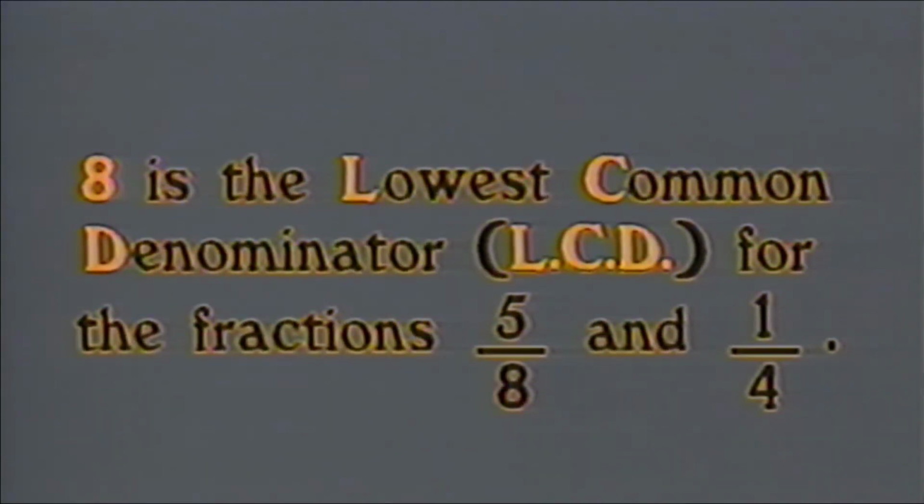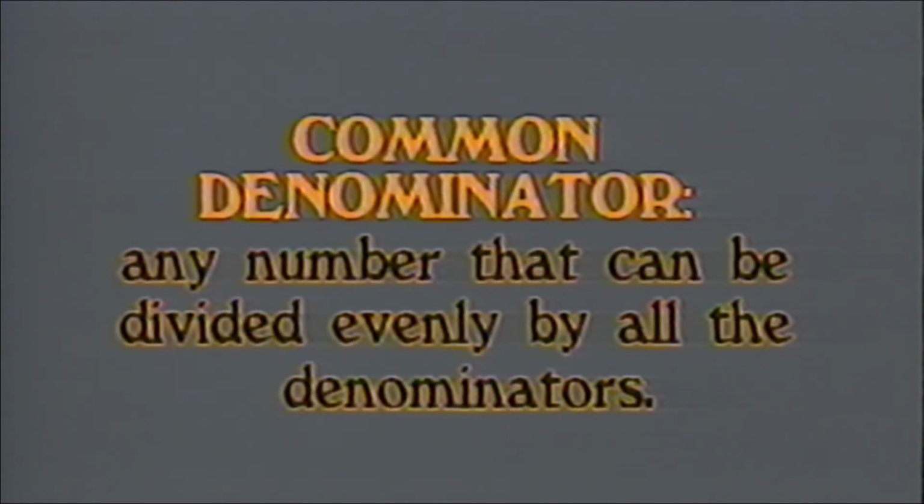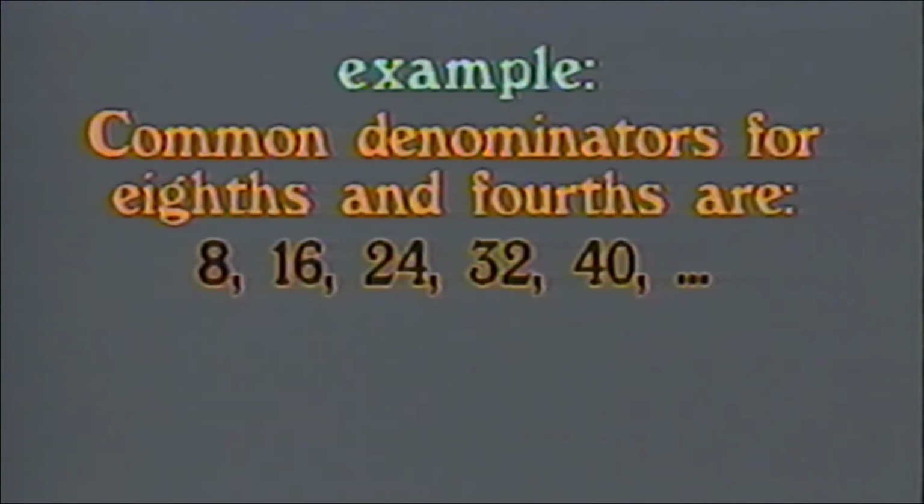By the way, the denominator we used, 8, is called the lowest common denominator, or LCD, for this problem. A common denominator for a set of fractions is a number that can be divided evenly by all the denominators in the set. Right.